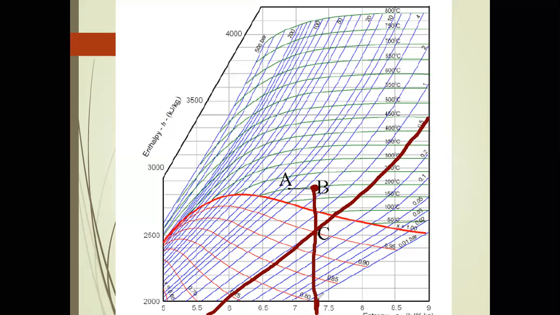Since the B point and C point entropy are the same, the C point should be on the same line, otherwise the two entropies will never be the same. So the 0.5 bar line and this entropy line intersect at the point C. Now it is clear.